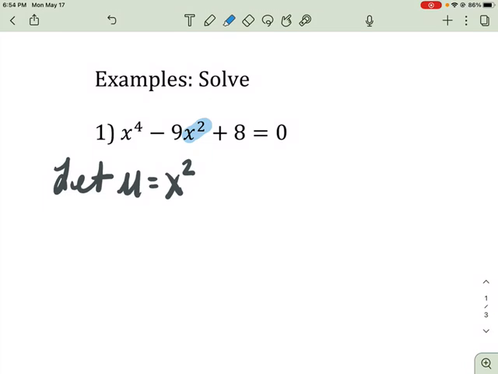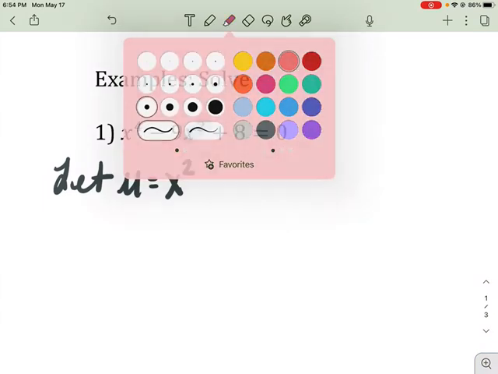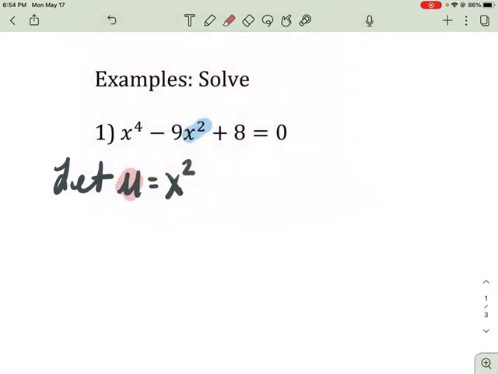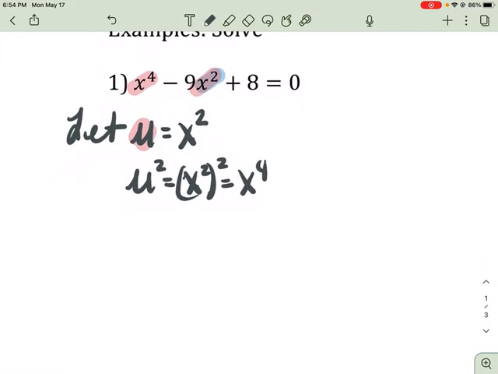So now what we're going to do is we're going to take this u and replace it with the x squared here. Now, what do you mean by x to the fourth? Well, u squared would be x squared squared, or x to the fourth.